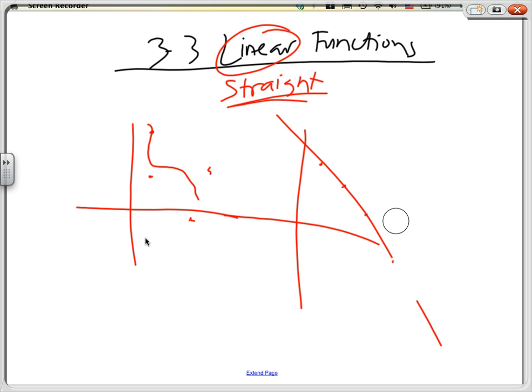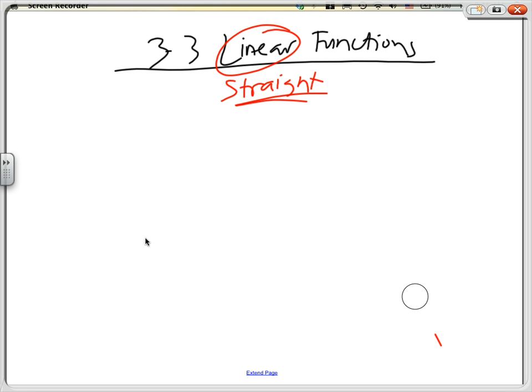Now, the first part of a linear function is, how do you actually recognize it? What does it have to look like to be called a linear function? I just want to point out a couple of things that are very important for you to recognize that something is a linear function. Here are some characteristics of a linear function.